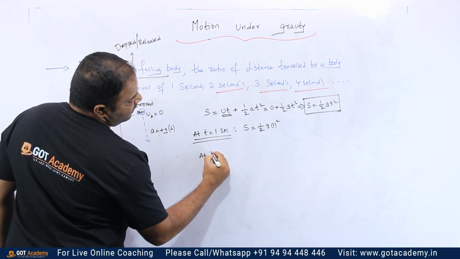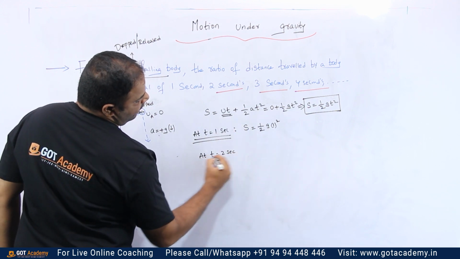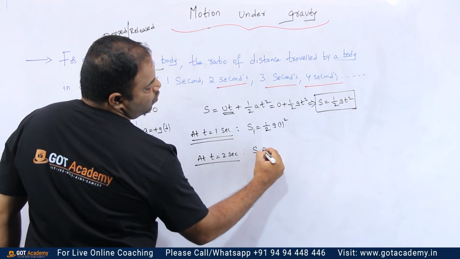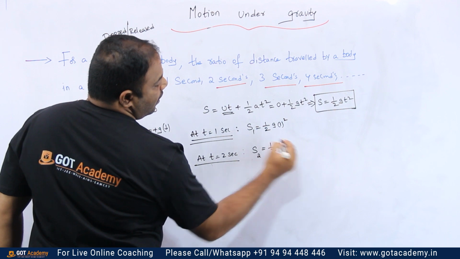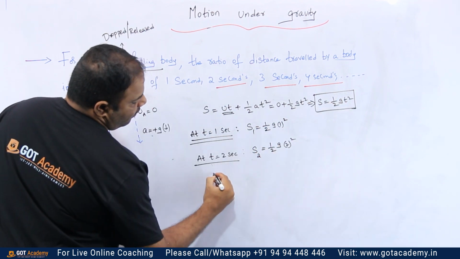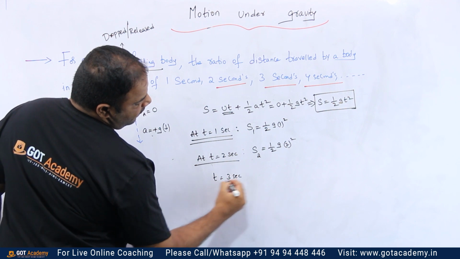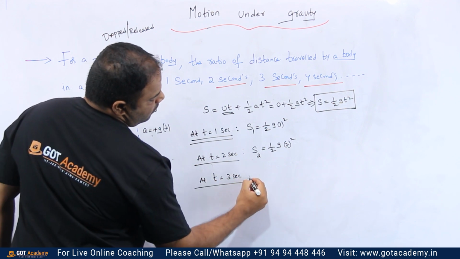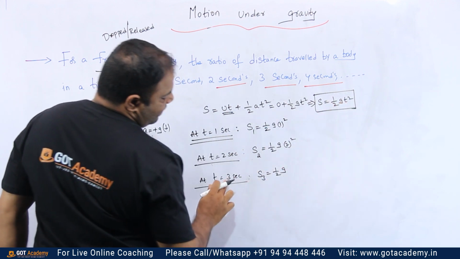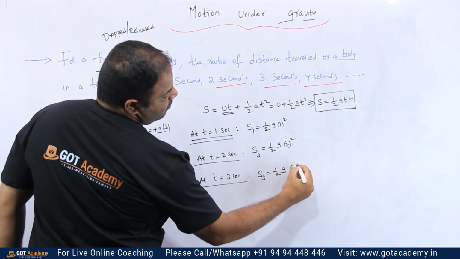Now, at time t equal to 2 seconds. So, let this be s1, now s2, is half g, and in place of this t, I could write 2 square. Now, at t equal to 3 seconds, s3 is equal to half g t square, now the time is 3, so it is 3 square.